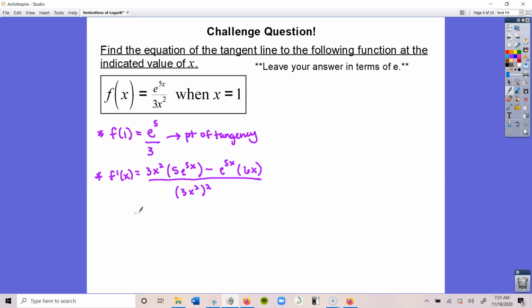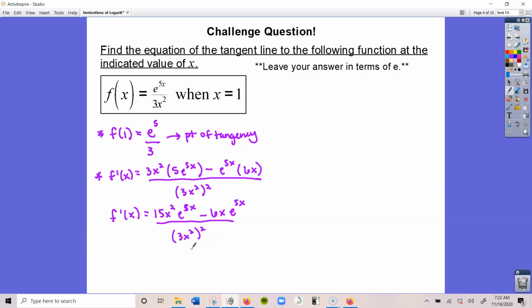I can simplify this just a little bit more. So f prime of x would equal 15x squared e to the 5x, minus 6x e to the 5x. And everything is over 3x squared squared.